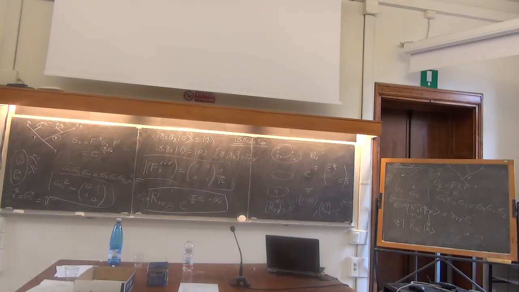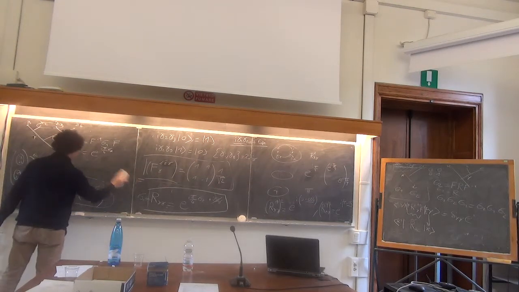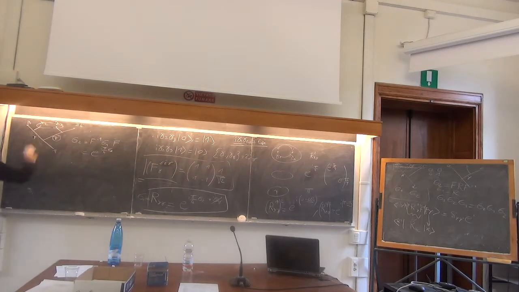Namely, if you want to demonstrate that these objects have nonabelian statistics, you should start from a system in which you can initialize your state written in this way. So you know that gamma 1 and gamma 2 are in a particular state, which can be either 0 or 1, and then you will have some gamma 3, gamma 4 there.